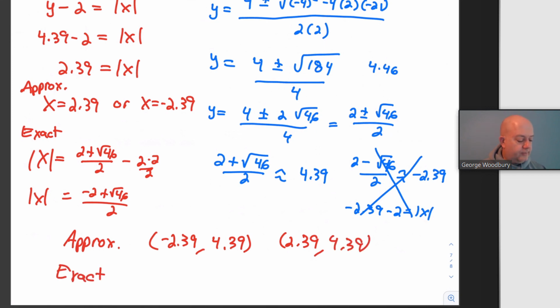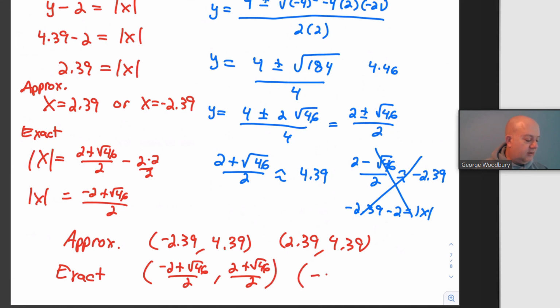Exact: negative 2 plus root 46 over 2, comma 2 plus root 46 over 2, and the fraction 2 plus root 46 over 2, comma 2 plus root 46 all over 2. All right, there are the solutions to that one.